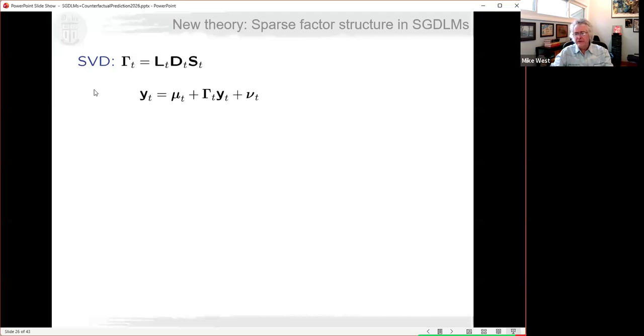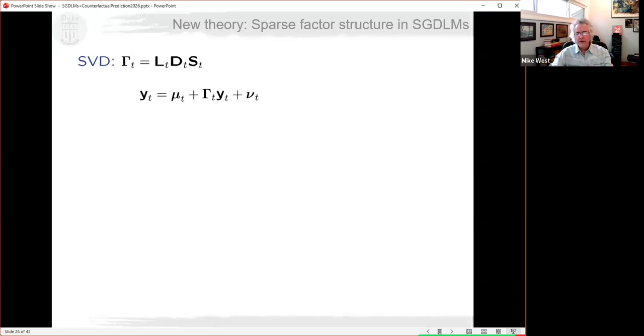I'll use the singular value decomposition. So L is a matrix with orthonormal columns. S is a matrix with orthonormal rows. D is a diagonal matrix of non-zero singular values. And if gamma is sparse, L and S will typically be sparse. And some of the eigenvalues, the diagonal elements in D, will be 0. So that represents a dimension reduction.